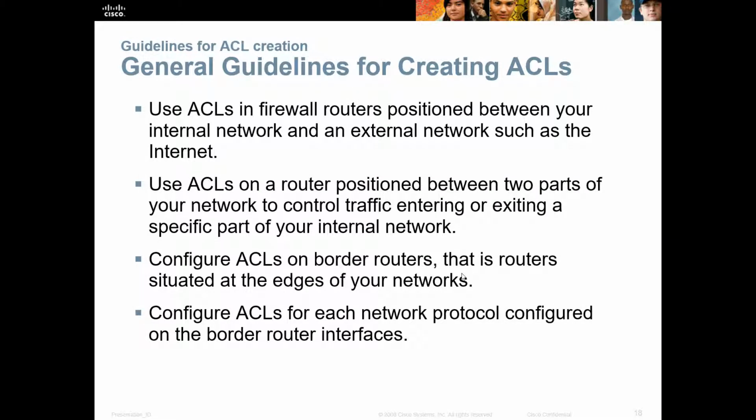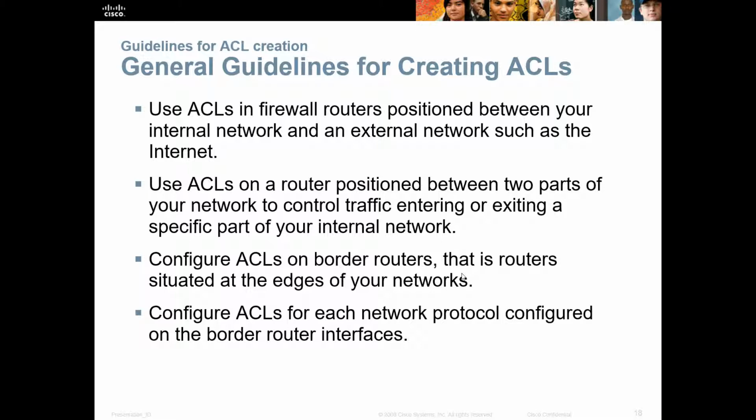So the general guidelines for creating ACLs: you use ACLs in firewalls or routers positioned between your internal network and your external network. You want to position the ACLs to control traffic into and out of your network.